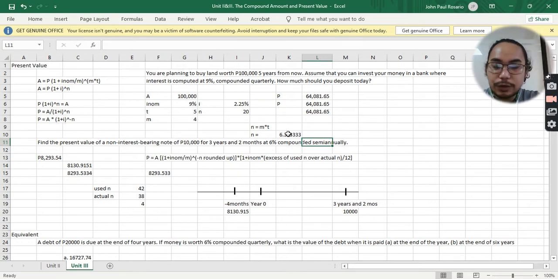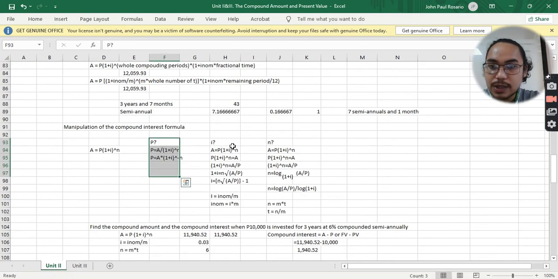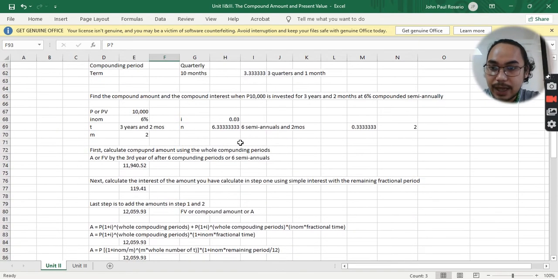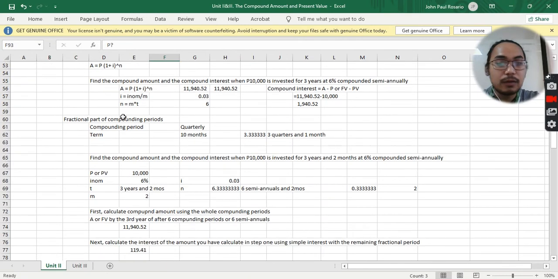I hope that you can recall now that in Unit 2, we also discussed how to compute the compound amount if there is a fractional period of time. So, fractional part of compounding periods.